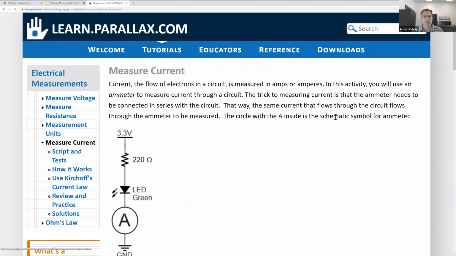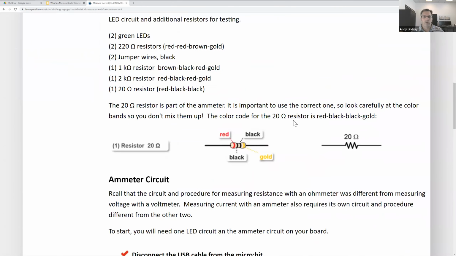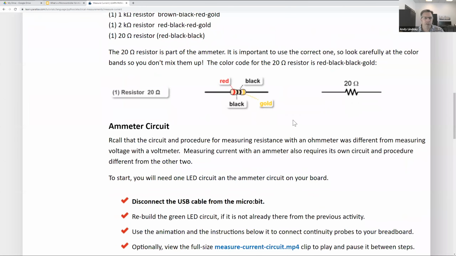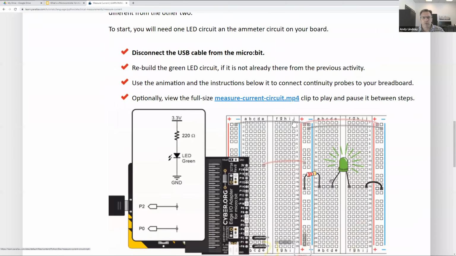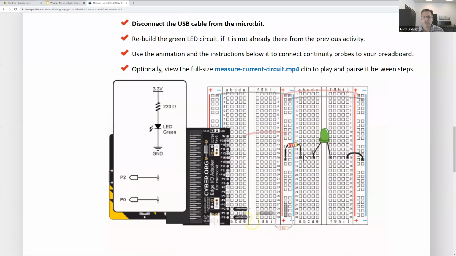Measuring current is another one where I do want to bring something to your attention. When we measured voltage, you could just probe the circuit as it was built. When we measured resistance, we had to take the resistor out of the circuit. When measuring current, the key thing is that you have to break apart the circuit.